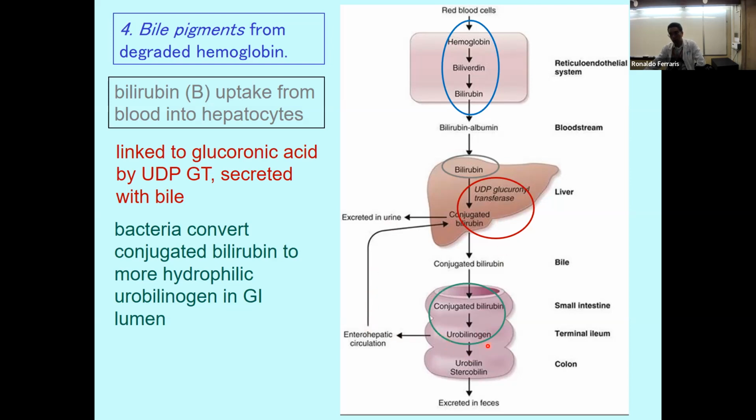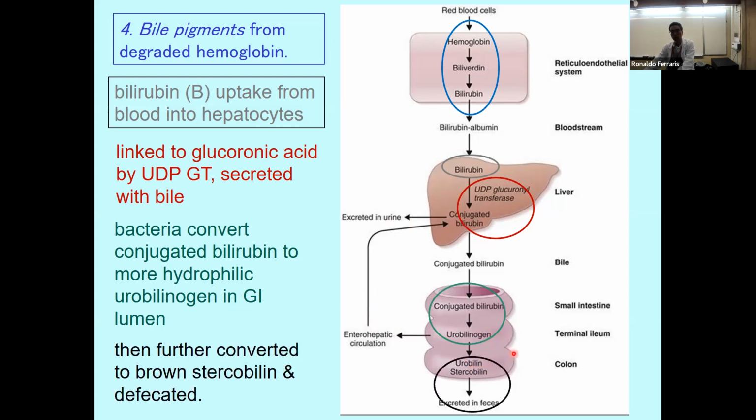Then it becomes more hydrophilic, and even more so with stercobilin, and then you defecate this in the feces. That's why this actually makes the color of your feces, if you're normal, brown. So this is how you get rid of your bilirubin.